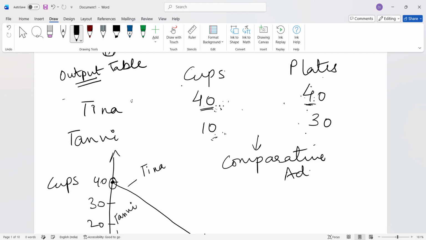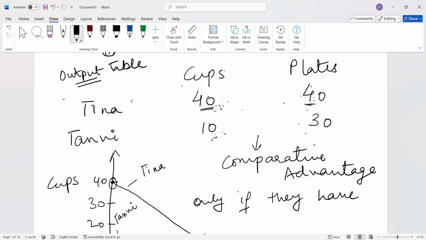This is where we say that even if a producer or a country has an absolute advantage in the production of two or more goods, even then trade is possible. Trade is possible only if both the producers or both the countries have different opportunity costs.